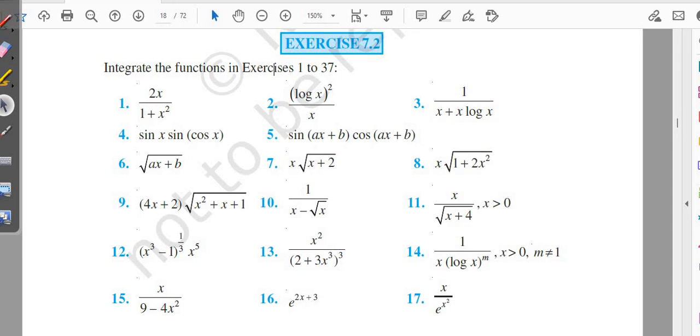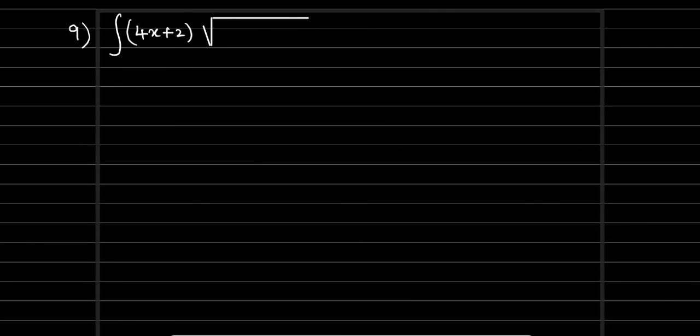What is given? The given function is 4x plus 2 square root of x square plus x plus 1. First, in terms of integration, I will change it into an integration question. So integral, what is the function they have given? 4x plus 2 square root of x square plus x plus 1.